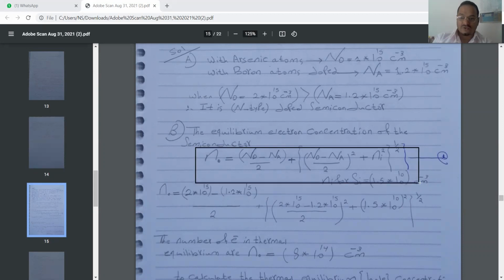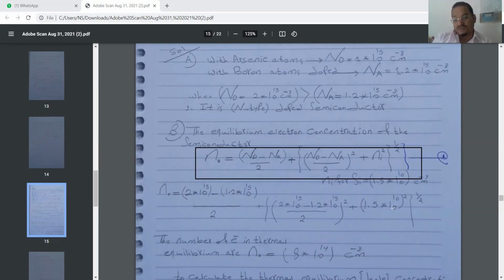The concentration of electrons in the N-type doped material at thermal equilibrium equals the donor concentration minus the acceptor concentration, divided by 2, plus the square root of the same bracket squared plus the intrinsic carrier concentration squared. Like we know, the intrinsic carrier concentration Ni for silicon at room temperature equals 1.5 exponential 10.